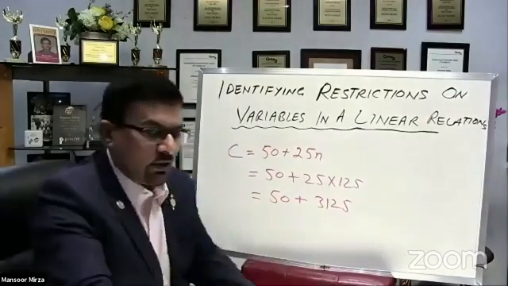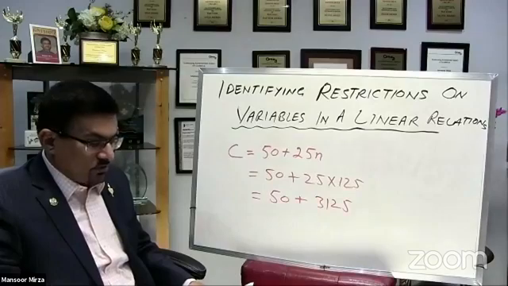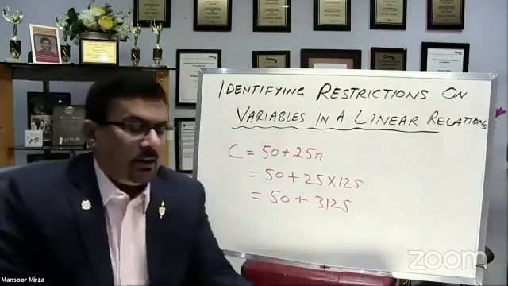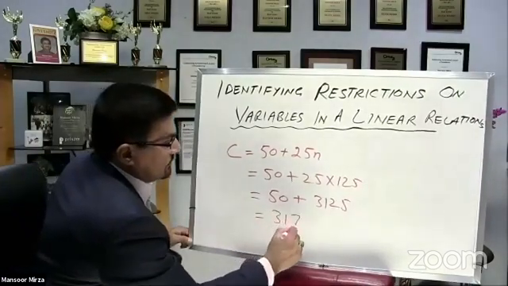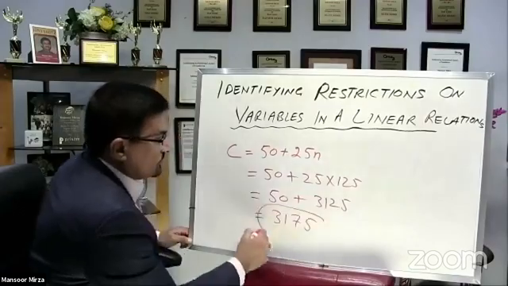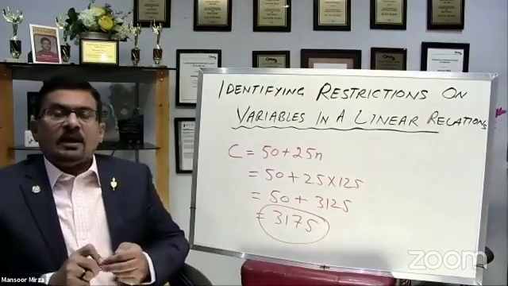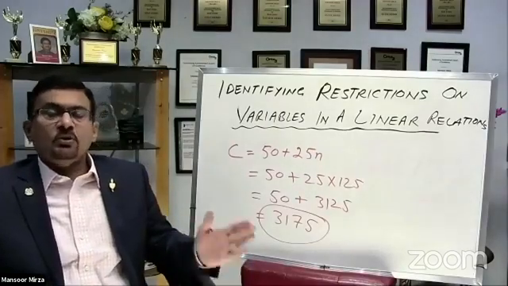I believe I have written the right number because I'm just doing the mental calculation. I'm sure, yes, this is 3125. And then when we add the 50, our number comes to 3175. So this is our maximum number. This is how we can explain that linear equations sometimes require us to put restrictions.